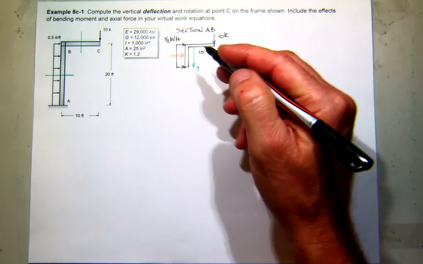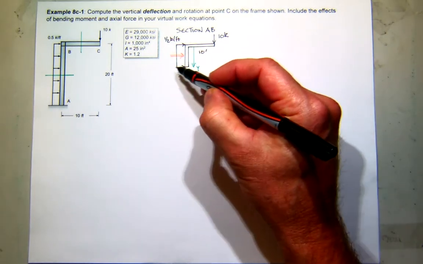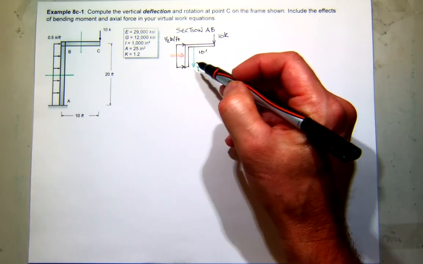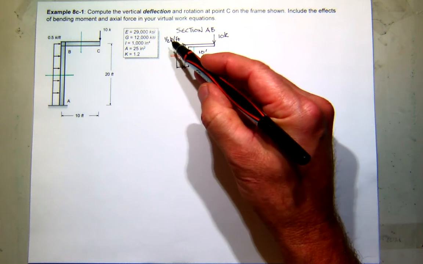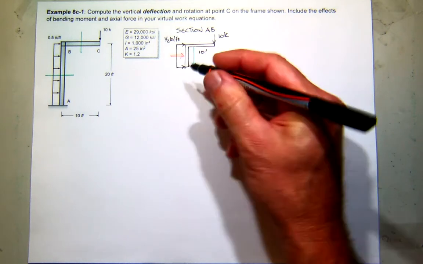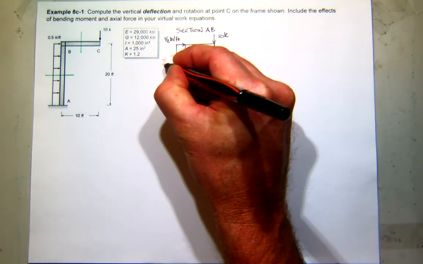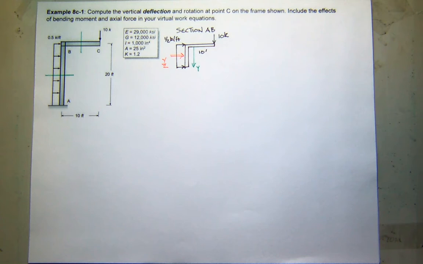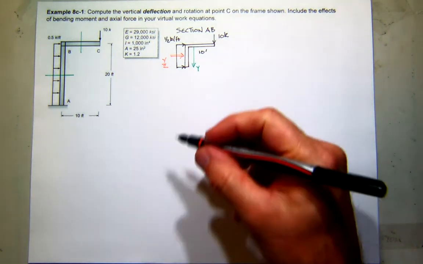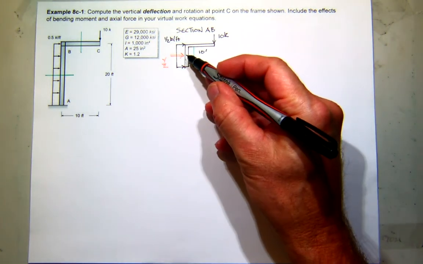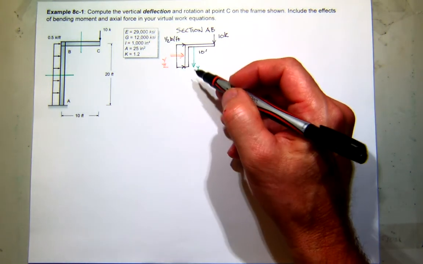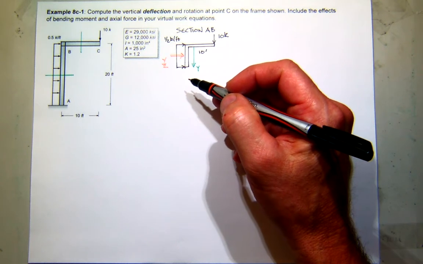It will be the area of this rectangle, which has a base of Y and a height of 1/2, so the force is Y over 2. And oddly enough, the distance from the cut to the centroid is Y also divided by 2.